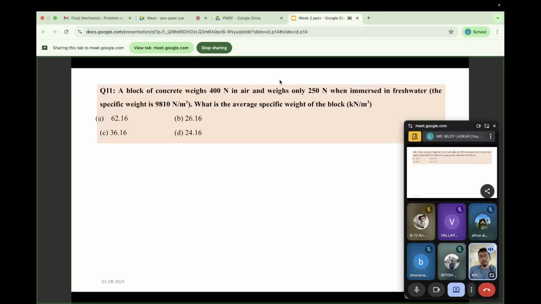The Archimedes principle says if you submerge some body, whatever the buoyancy force may be, it should be equal to the weight of water displaced. So Anushka is saying option B. Okay. Let other people answer. Please try to answer.